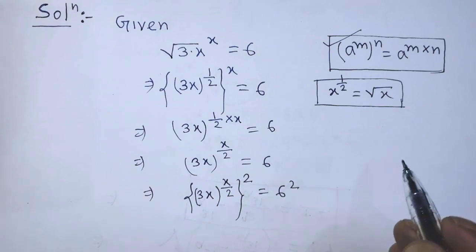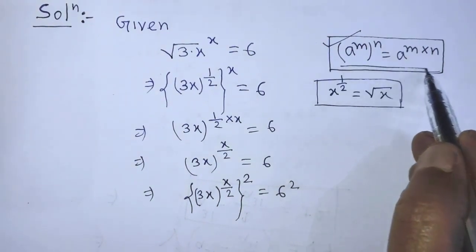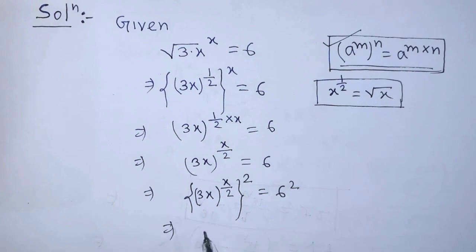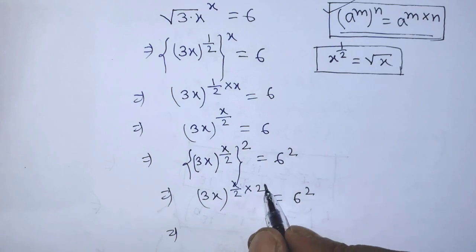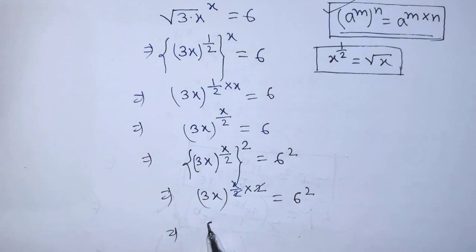So according to this formula, we can write from the left hand side (3x) to the power x over 2 times 2 is equal to, on the right hand side, again 6 to the power 2. So students, in the power, we can cancel 2 from numerator and denominator. So on the left hand side, we can write (3x) to the power x is equal to 6 to the power 2.